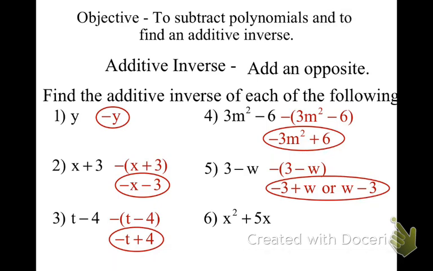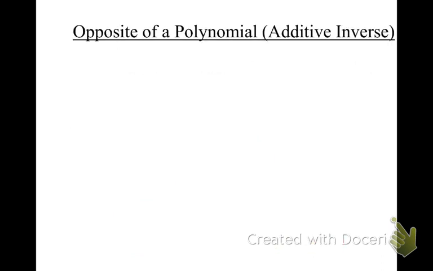The next one would be negative 1 times the quantity x squared plus 5x, so it would be negative x squared minus 5x. All right, so opposite of a polynomial: we're just taking the opposite sign of everything inside the polynomial.